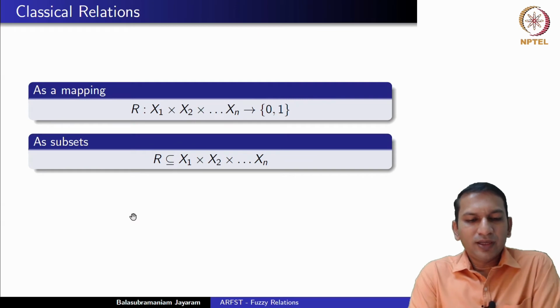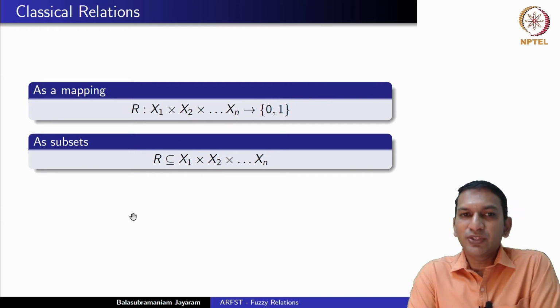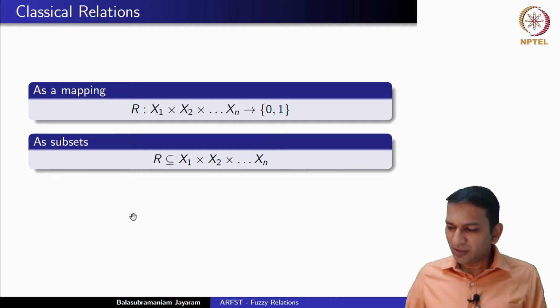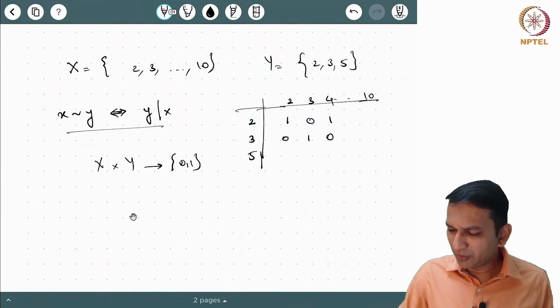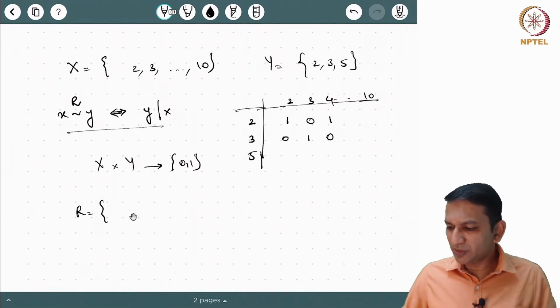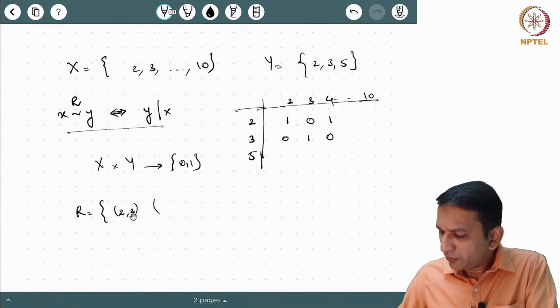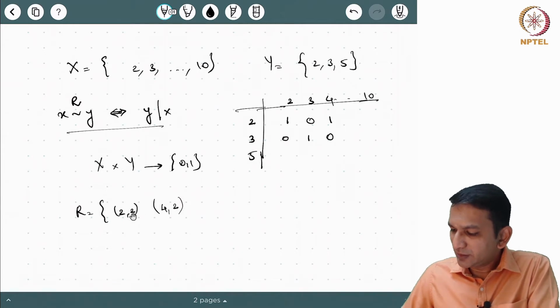We could also look at a classical relation as a subset of the Cartesian space. For instance, if I call this relation R, then R can be written as a collection of ordered pairs from X cross Y. For instance, (2, 2) will remain in R because 2 divides 2. (4, 2) will remain in this collection because 2 divides 4.